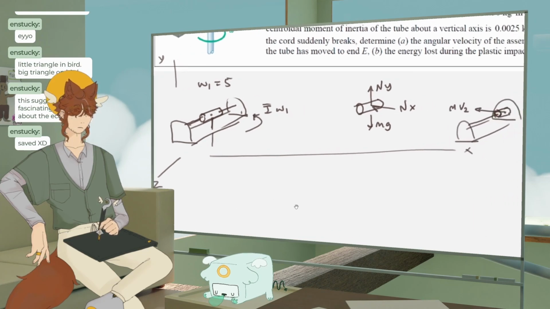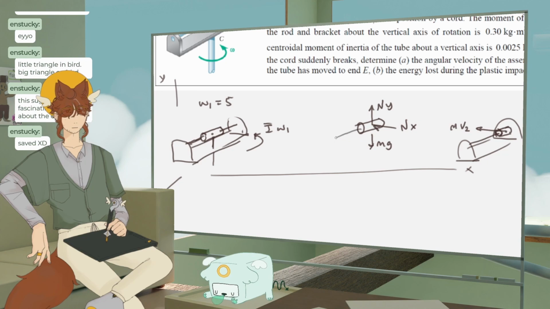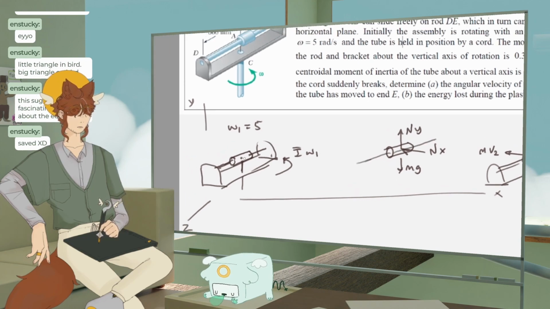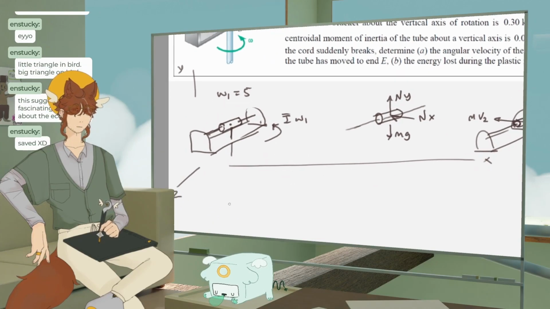Where do we want to sum about? I guess we want to sum about here, G, or C, because that gets rid of all of our moments.